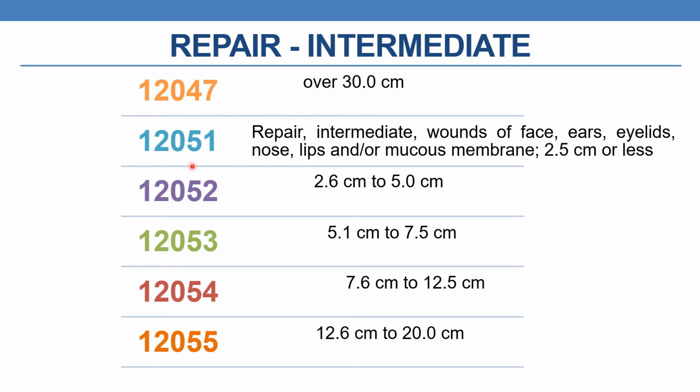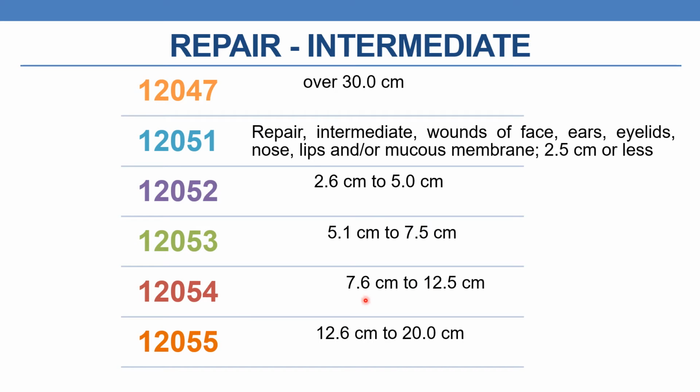The next CPT is 12051. Repair intermediate wounds of face, ears, eyelids, nose, lips and or mucous membrane, 2.5 centimeters or less. The next is 12052. Here the repair length is 2.6 centimeters to 5 centimeters. The next is 12053. Here the repair length is 5.1 centimeters to 7.5 centimeters. The next is 12054.